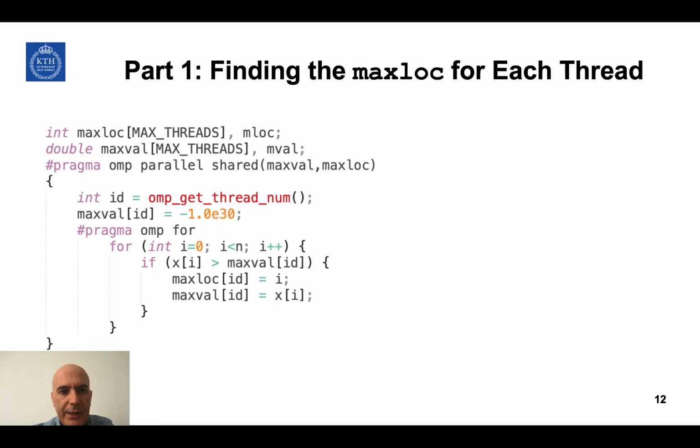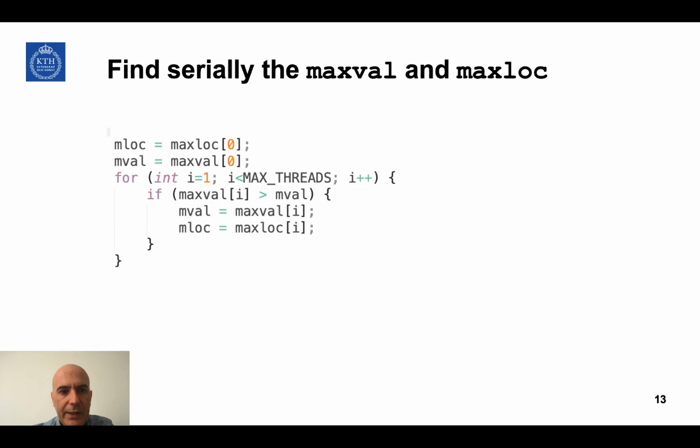We are just distributing across loop iterations, and here we store the MaxLoc. Instead of in one shared value, we store it in an array, right? An array whose size is the number of threads, and we store it at the element equal to the ID of the thread.